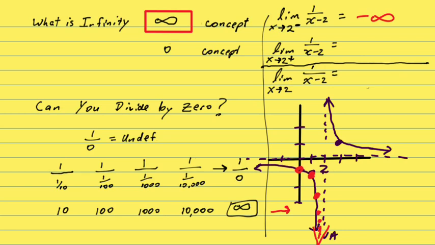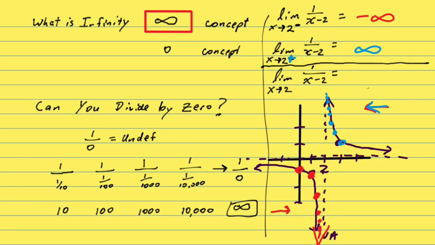Negative infinity, because it continues downward. If you're approaching 2 from the right, so let's do this in a different color just to color code it. From the right, that's this little plus here, what are the y values going towards as I get closer to 2 from the right? Aren't they going up to positive infinity?